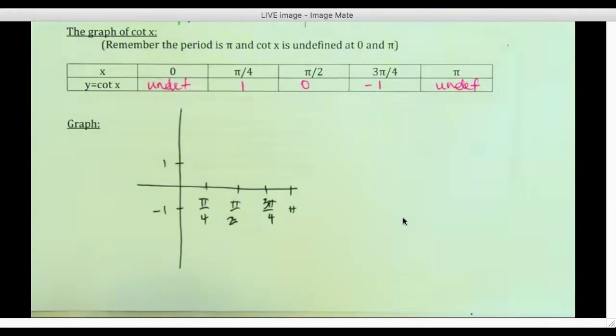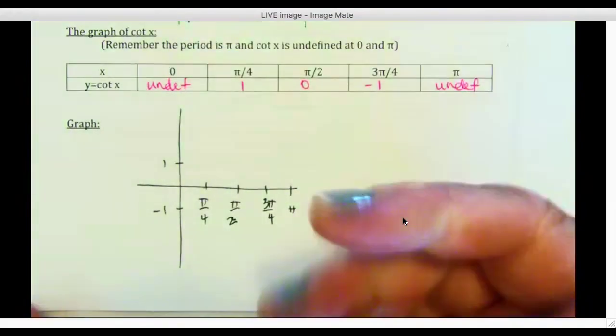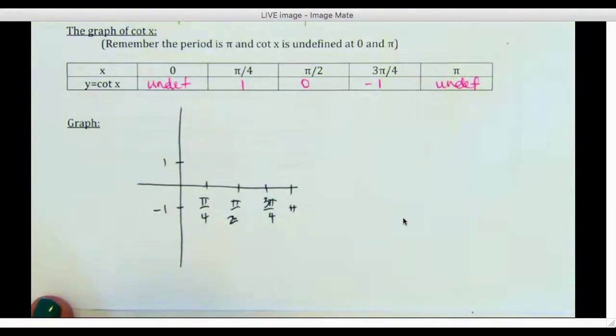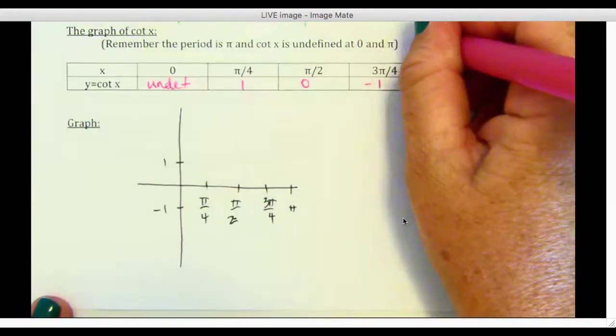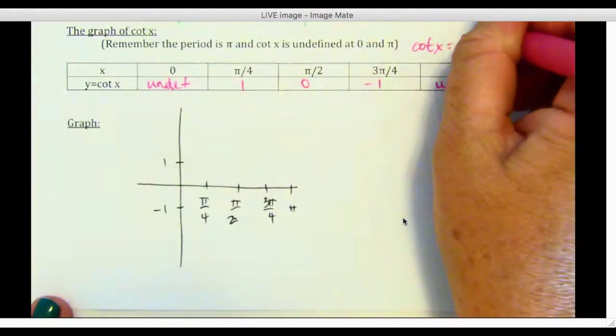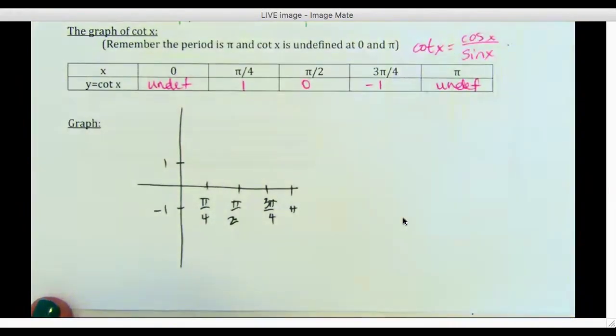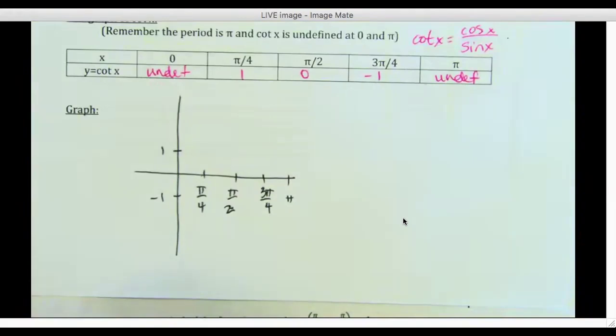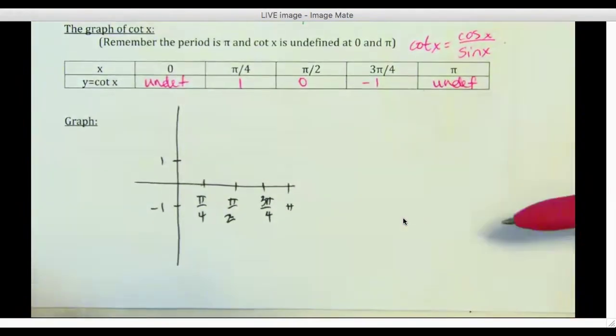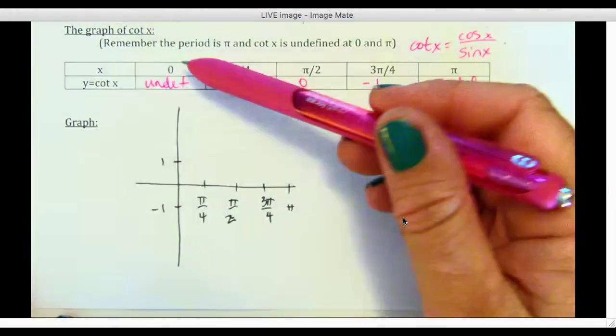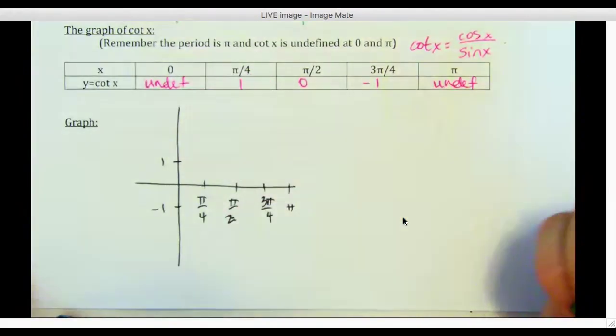So cotangent, remember, is cosine over sine. So cosine over sine, at 0, cosine is 1 and sine is 0. So 1 divided by 0 would be undefined.